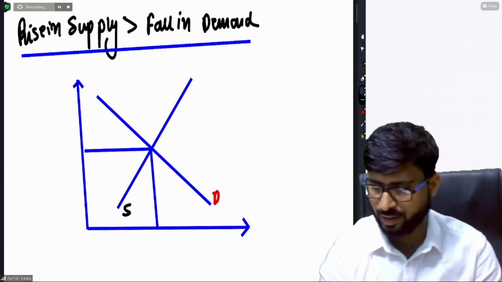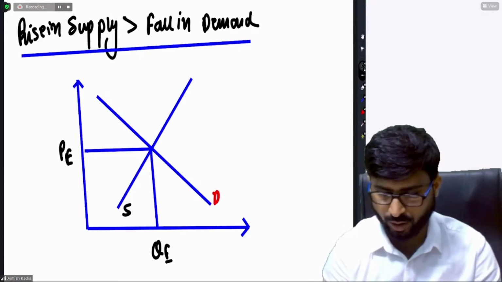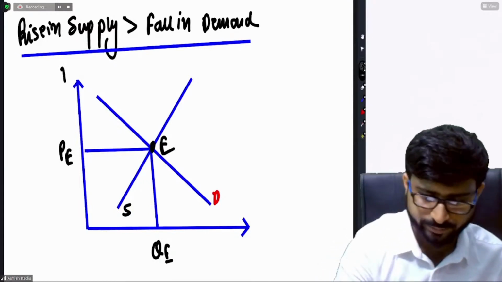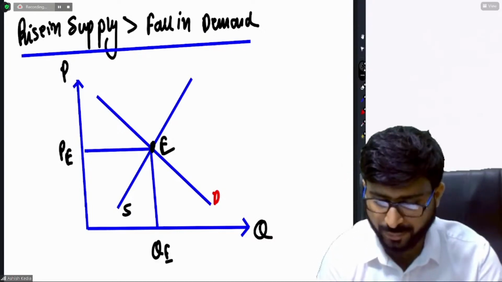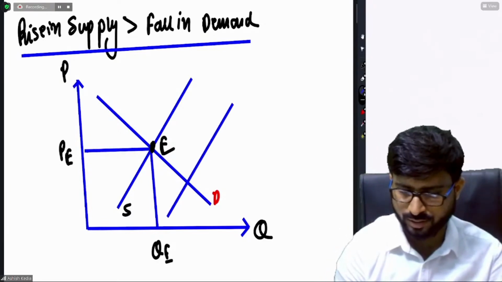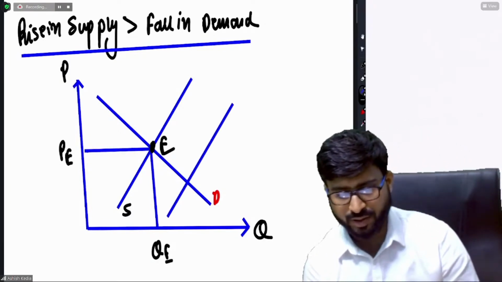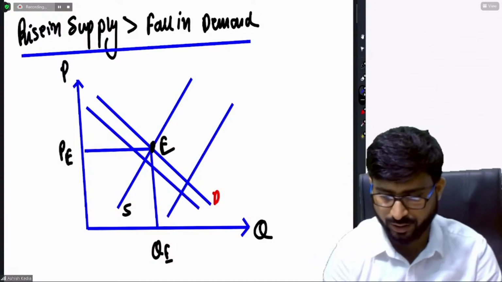Now, this is the equilibrium point, this is the equilibrium quantity. Correct? Now, rise in supply is greater than fall in demand. So there is a greater rightward shift, but the leftward shift is little only because demand is falling by a lesser quantity.